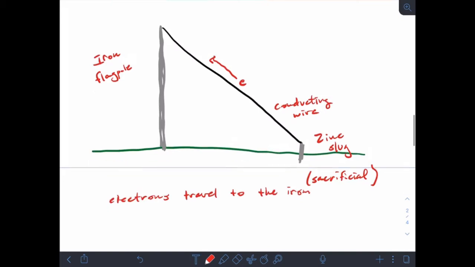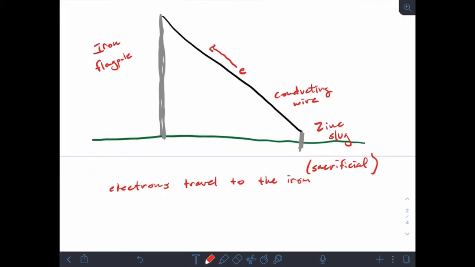And if iron is gaining electrons, by that action it keeps the iron reduced. So we get no corrosion of the iron.